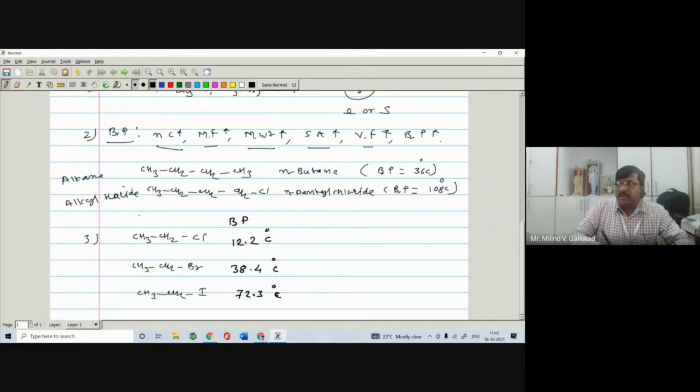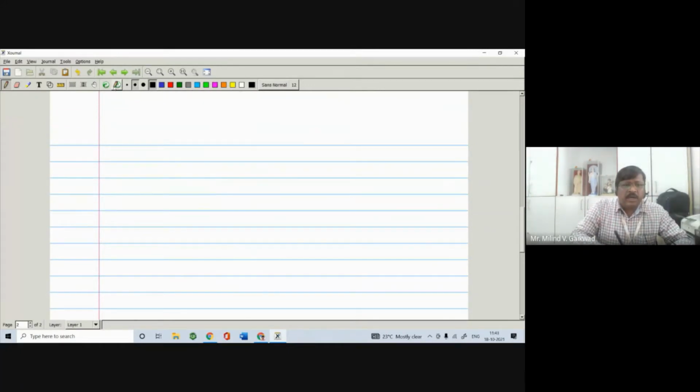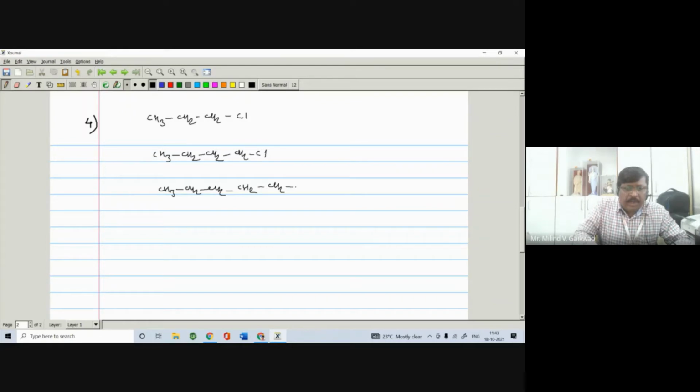So we have taken the third type of example. Then we'll see the next example. Suppose we have the same halogen. Here is n-propyl chloride, then n-butyl chloride, CH3CH2CH2Cl, then n-butyl chloride, and then CH3 with carbons 1, 2, 3, 4, 5, and Cl.